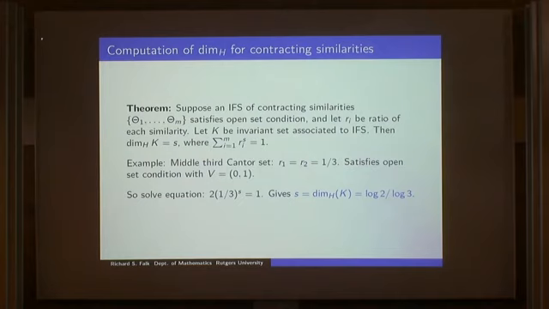K is the invariant set. Then it turns out that the Hausdorff dimension of K is S, and S is computed by this very simple formula. So what would it be in this case? Well, R1 and R2 are a third. I solve the equation 2 times (1/3)^S = 1, and I find out that the Hausdorff dimension of this middle thirds Cantor set is log 2 over log 3.